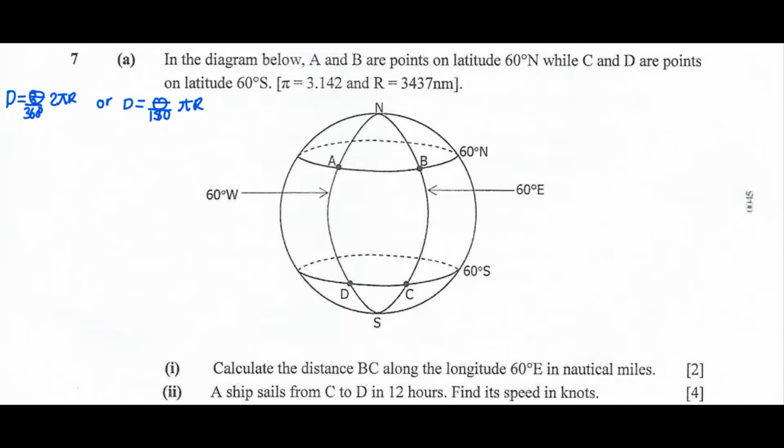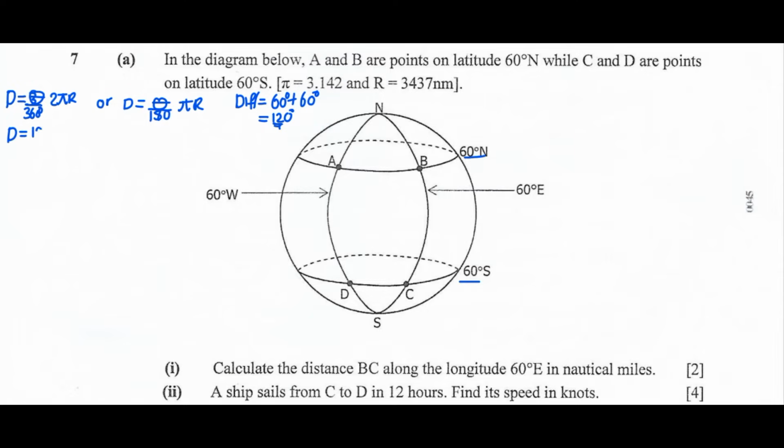So now when finding the distance along longitude, we need to find the difference in latitude. Let's look at the latitude for B, which is 60 degrees north, then for C it is 60 degrees south. So we need to add here. So 60 plus another 60 will give us 120. So we can now proceed.